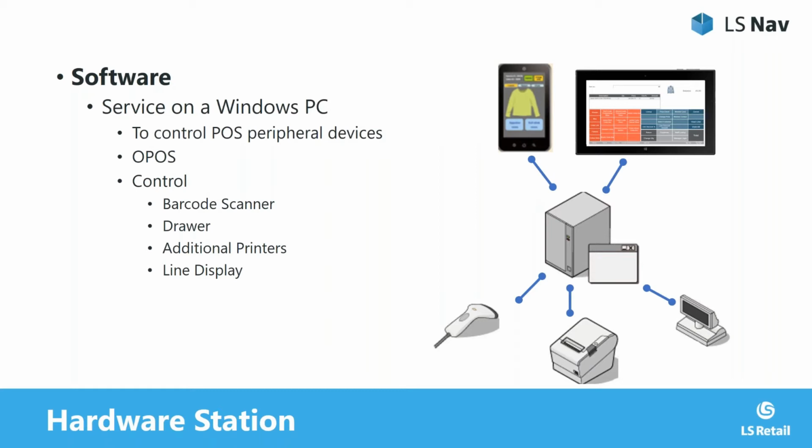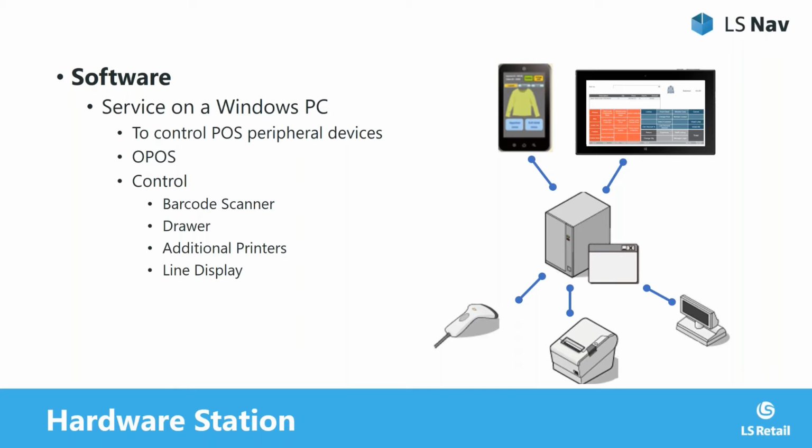The other solution we have is a hardware station that is a software. This is a service on our PC. So here, for example, you can use your existing hardware, so long as, of course, it talks POS, which is the communication layer to most retail devices. So you could, for example, have a PC in the store with this service on it.